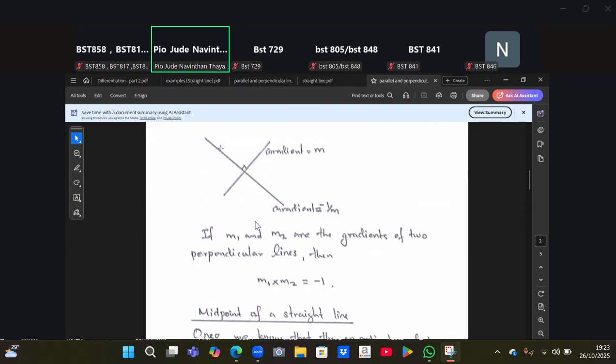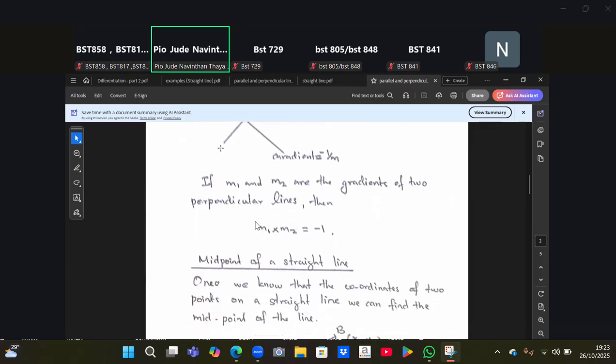Find the gradient of another line perpendicular to it. M1 is 2, so M2 is equal to minus 1 over 2.